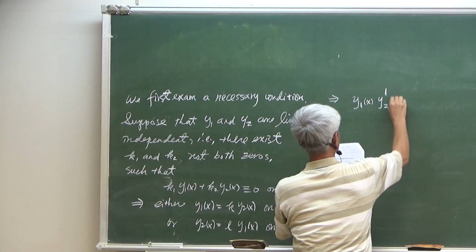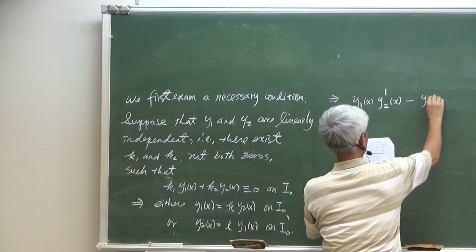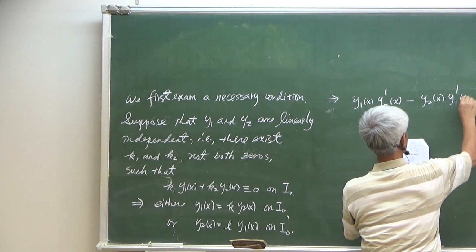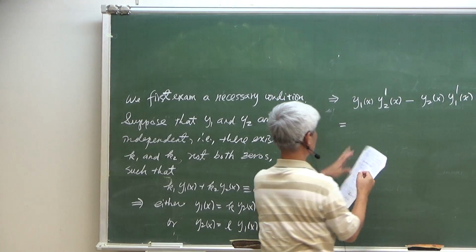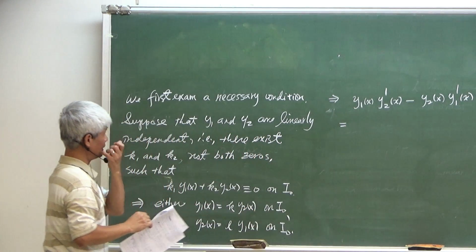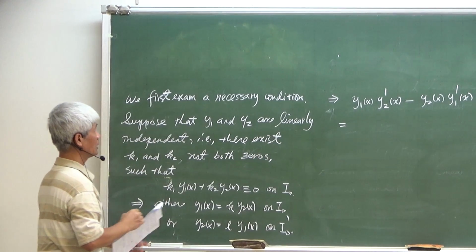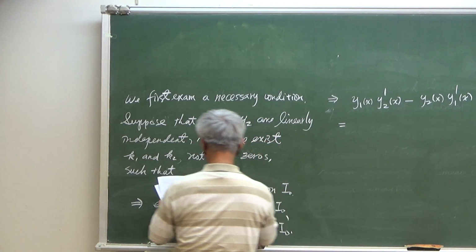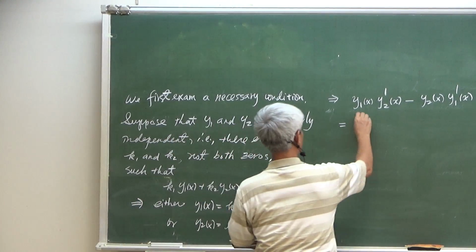So Y1 times Y2 prime minus Y2 times Y1 prime. Okay. Now we compute this expression. We have two cases.